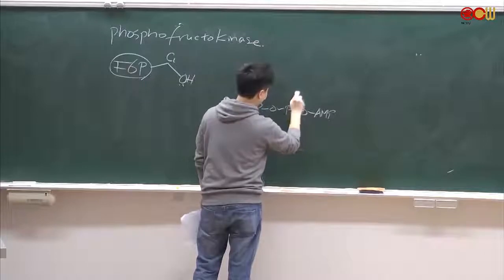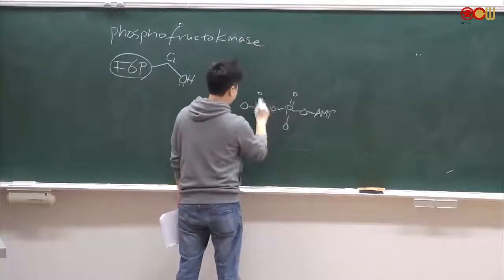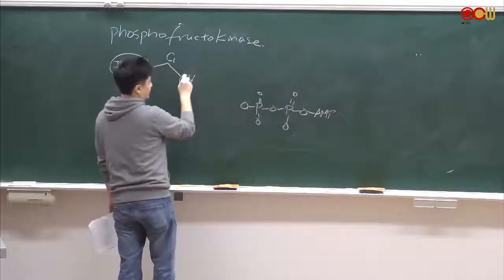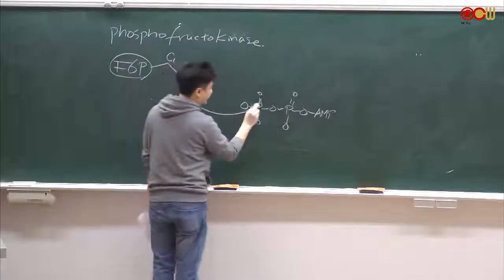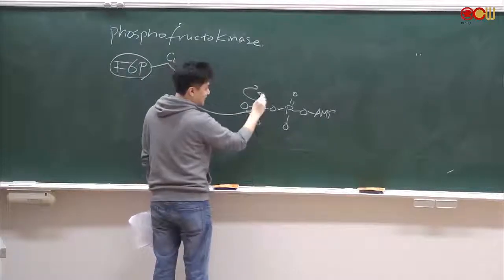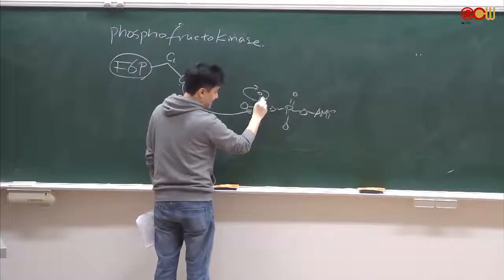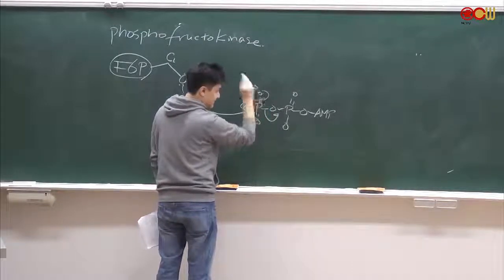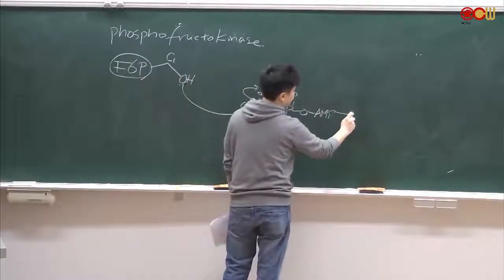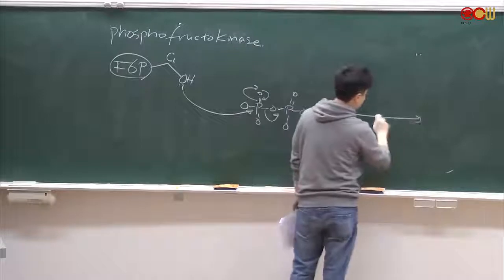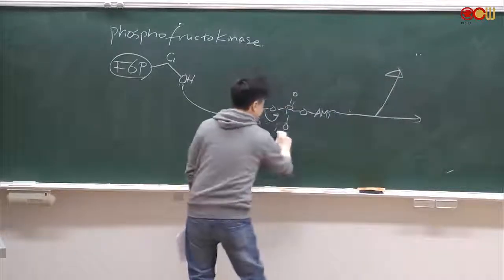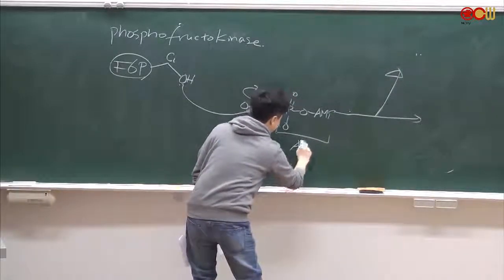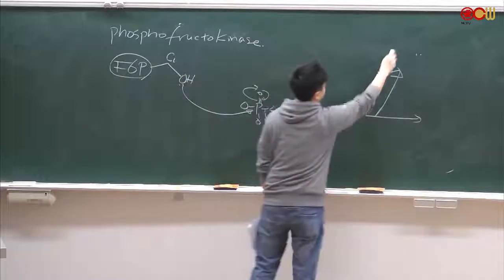So I'm going to skip a lot of stuff, but hopefully you can understand it. Lone pair attacks phosphate, electron jump up, jump back down. This one leaves, so then you kick out ADP.